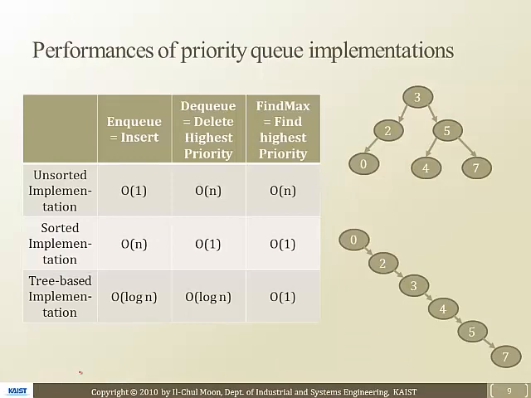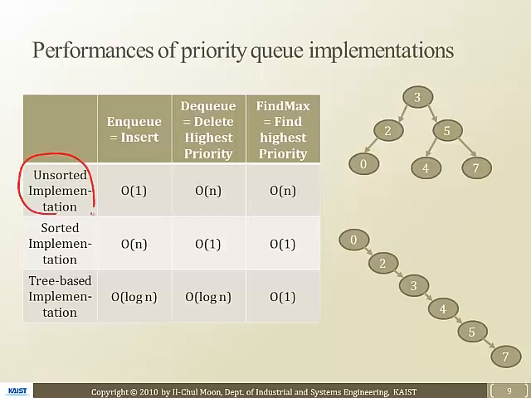So here we see this picture again. However, in this case, we are going to argue a little bit about the priority queue. So, the performance of the priority queue implementation is this.